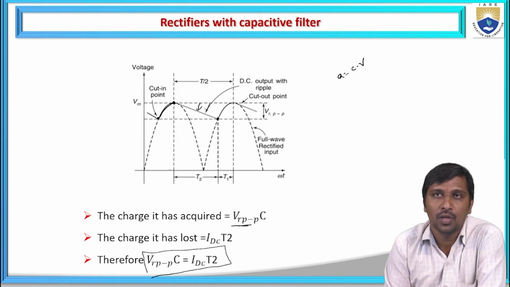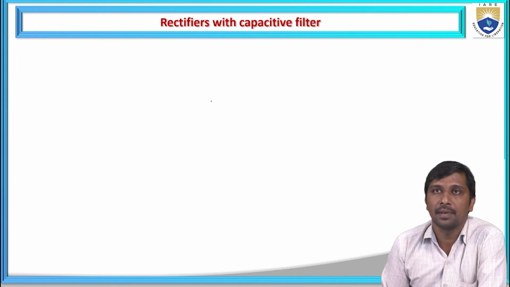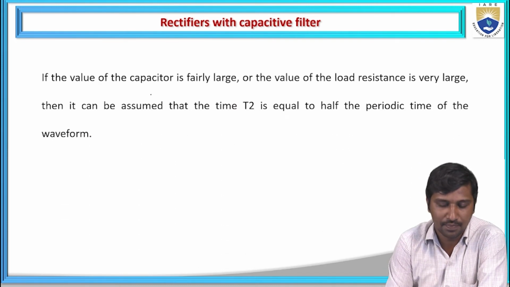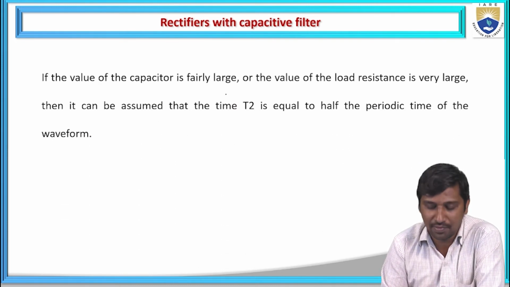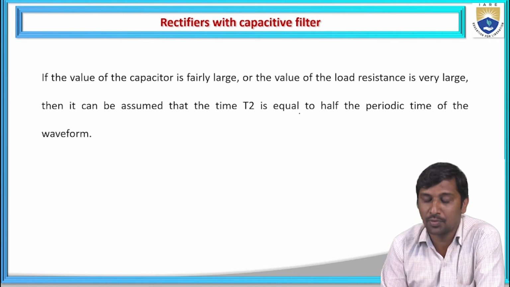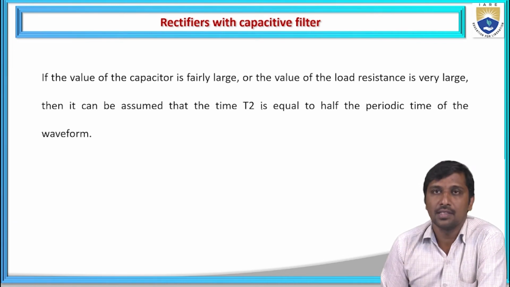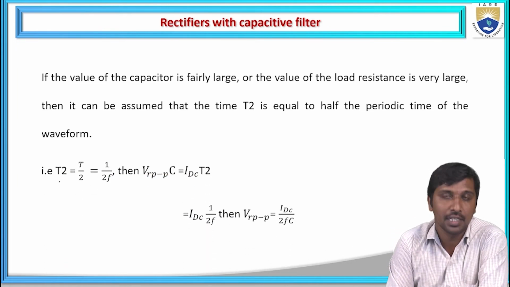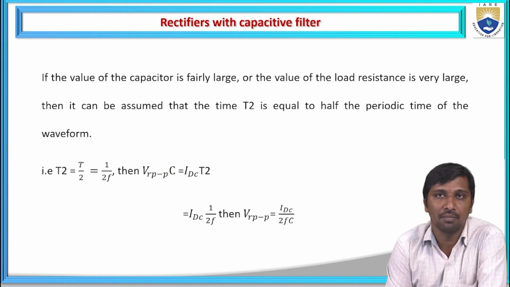To allow this condition, we need to maintain a very large capacitance. If the value of the capacitor or the load resistance is very large, then we can assume that T2 is equal to half of the periodic time of the waveform, that is T by 2.